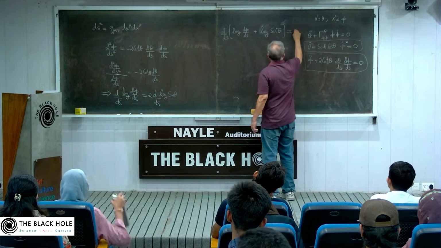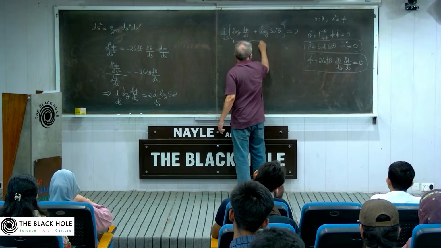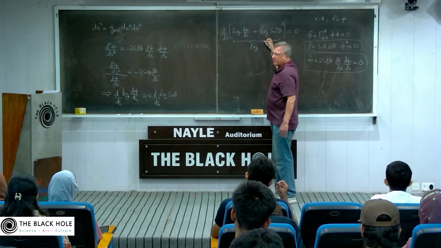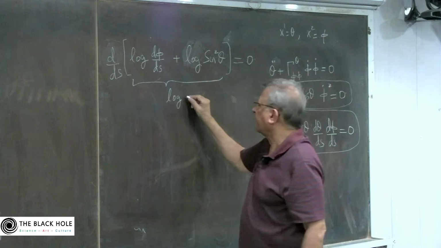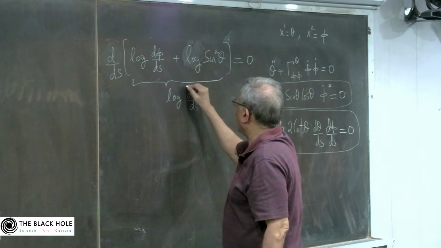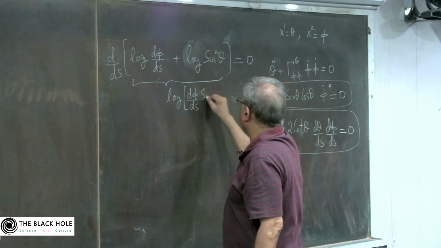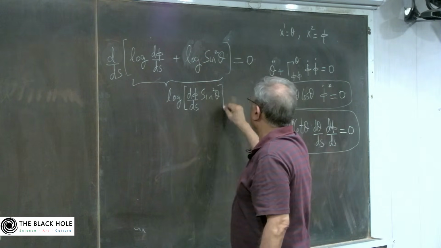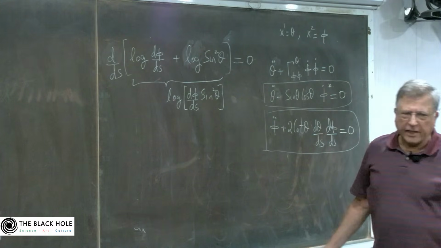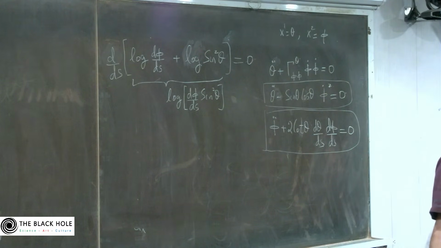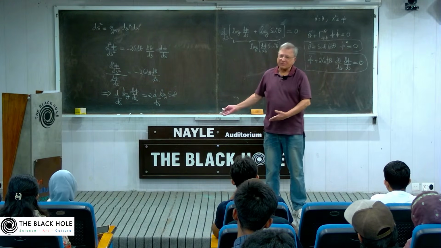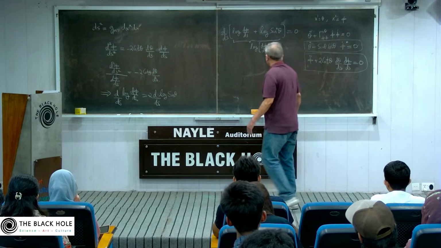Equals 0. And log A plus log B is equal to log AB. So d by ds of log of d phi by ds times sine squared theta is equal to 0. Okay, if d by ds of something is equal to 0, then what is that something equal to? A constant. Beautiful.